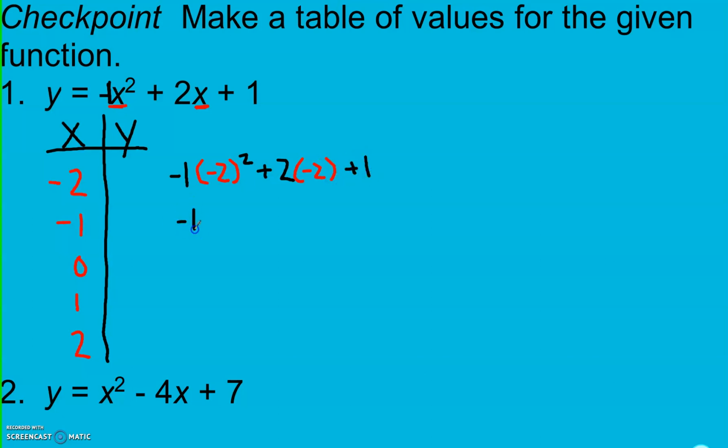I'm going to have -1 times x squared, so -1, still squared, plus 2 times my x value of -1, plus 1.